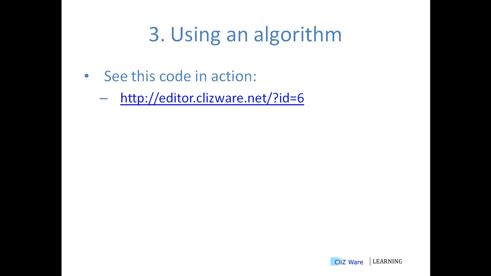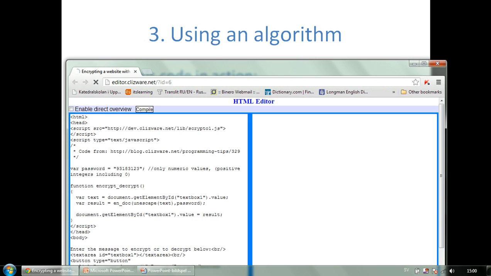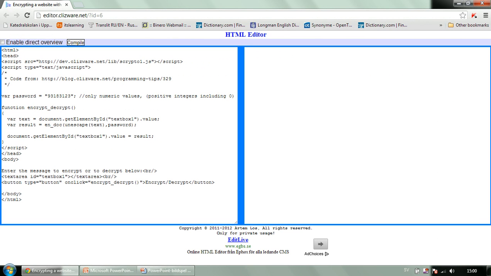So let's look at the algorithm. If you go to this link, you can see how this actually works. So I'm going to press compile. The reason I mention this is that we only have one text box, and it will work as an encryptor and a decryptor. So let's look.